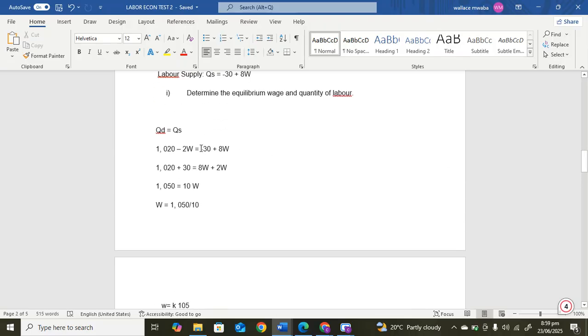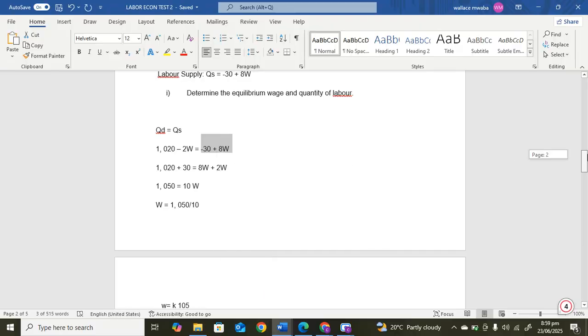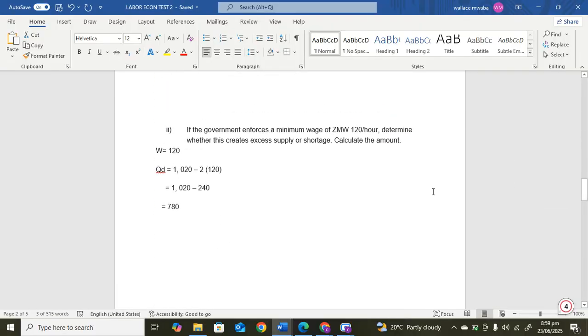Now, when we look at it on the workers' side, picture this: you are unemployed, and you find that first people are getting paid 105, then now you're hearing they're getting paid 120 kwacha per hour.